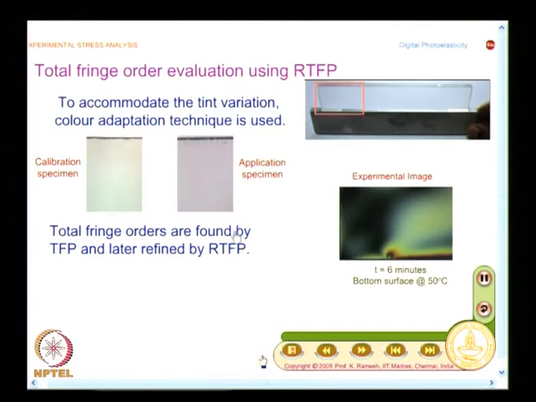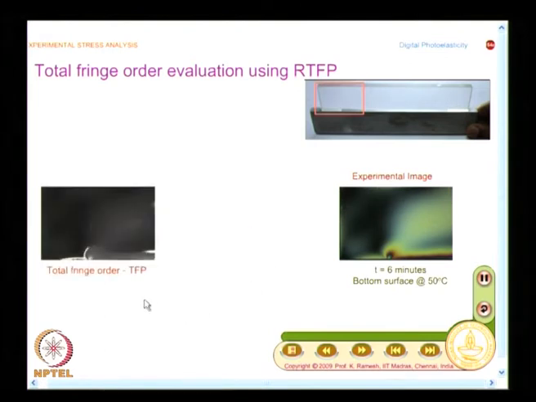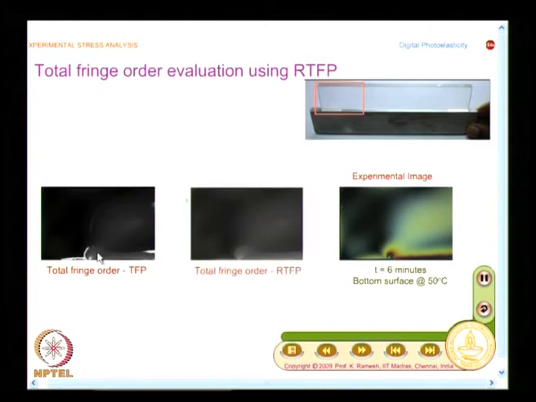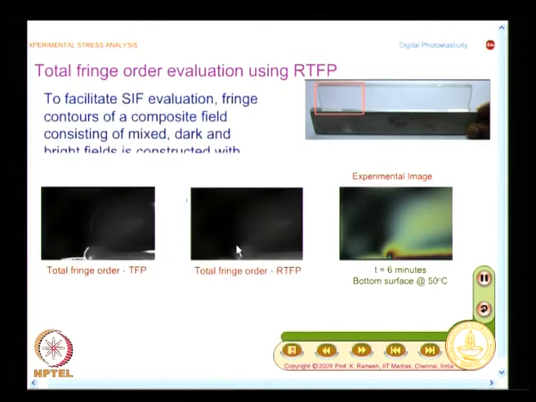So, people have also developed, in fact, my students and I have developed what are known as color adaptation techniques. My students Madhu and Neeti Simon have developed interesting methodologies, and you can do a color adaptation technique, and the total fringe order from TFP is like this, which is improved by RTFP.